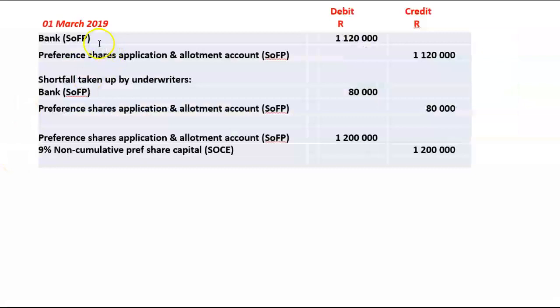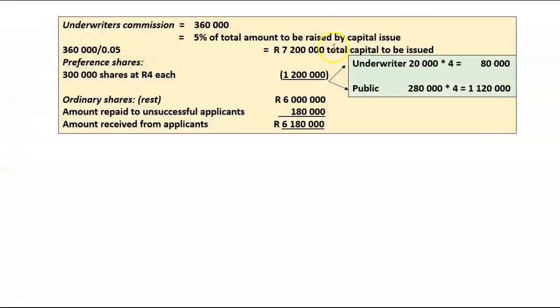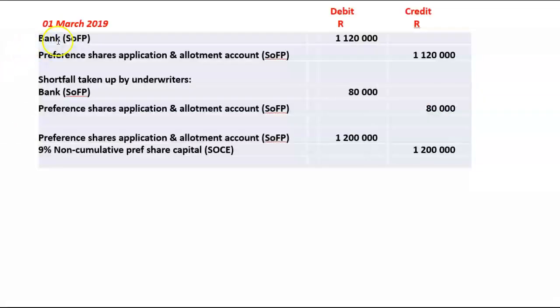Let's start here with the preference shares. How much money did we receive from the public? We received from the public 1,120,000. Bank 1,120,000, preference share application and allotment account 1,120,000. And remember, the question states specifically, show the transactions with the underwriter separately.